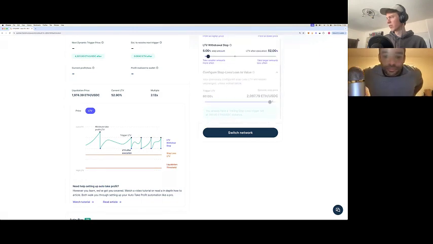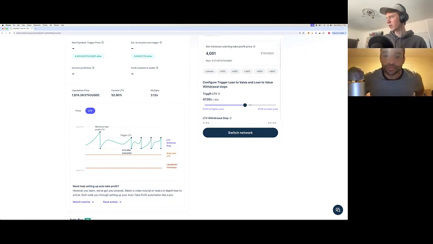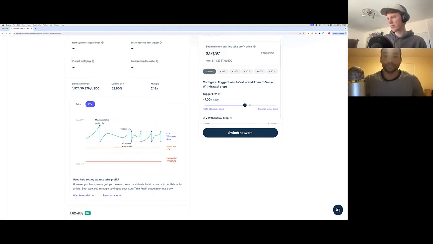When the trigger LTV is 47% and the minimum take profit price is a little bit lower, they're not in sync, basically. Let's say this is the current price, but you set up the trigger LTV still at 47%.